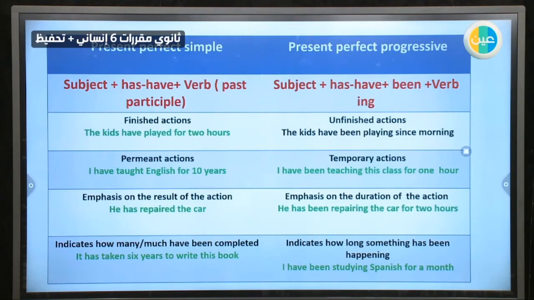You know very well that present perfect, past perfect, and past simple describe actions that happened in the past. Okay? Happened in the past. The only difference between them is that with the perfect, we don't know the specific time, while with past simple, we know what time this action happened.